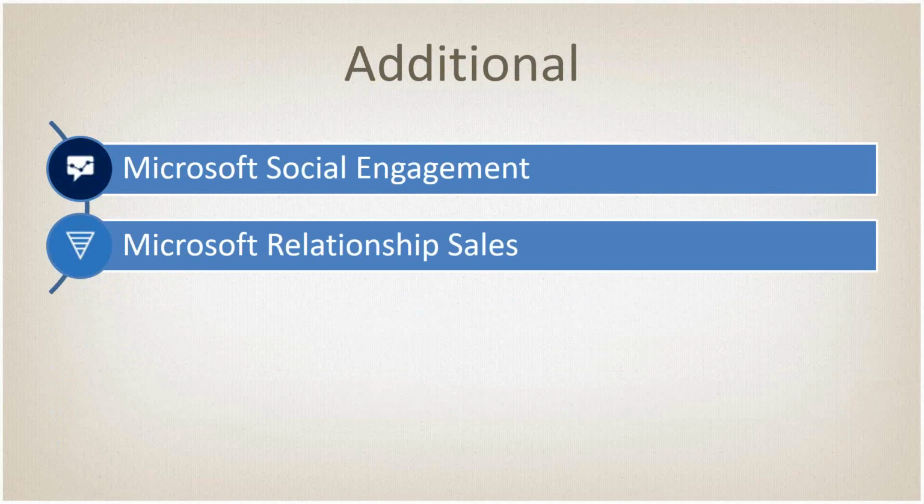The next module is something that is brand new called Relationship Sales. What this is, is a bundle between the LinkedIn Sales Navigator, we'll talk about a little bit later, and the sales module from Dynamics 365. So if you didn't know that, Microsoft bought LinkedIn a couple years ago, year and a half ago, wherever it was.